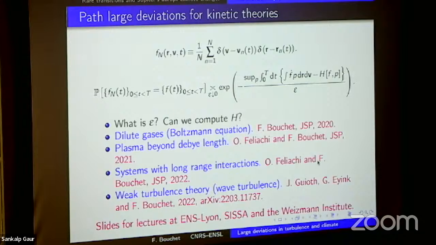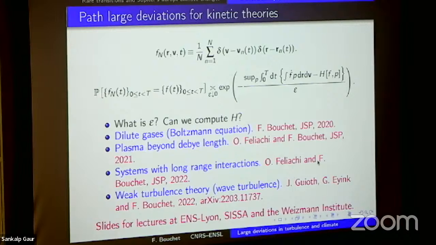So what we did, and I won't talk about it today because it's technical and more difficult, is to extend this computation of the large deviation rate function to all the classical kinetic theories. So you know there is a Boltzmann kinetic theory for dilute gases, but there is also the kinetic theory for plasma.